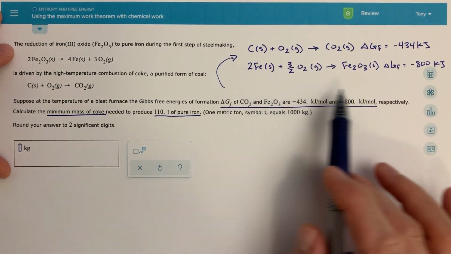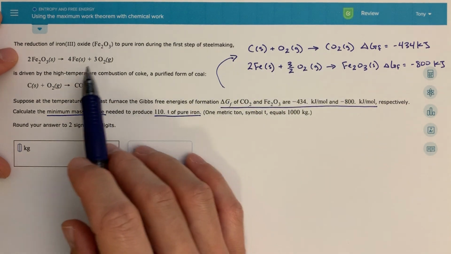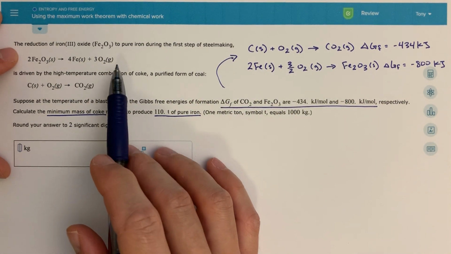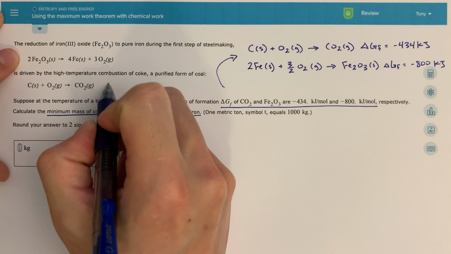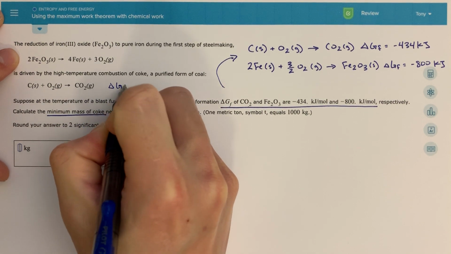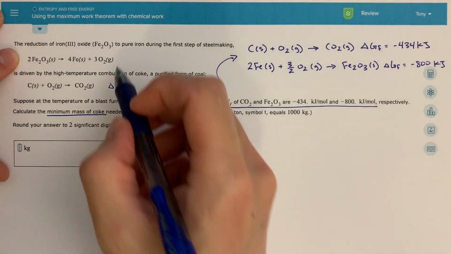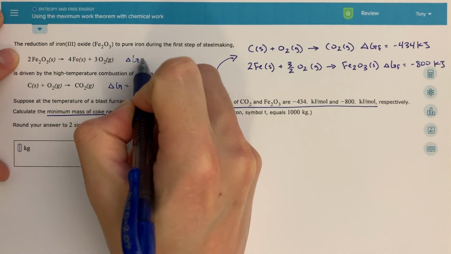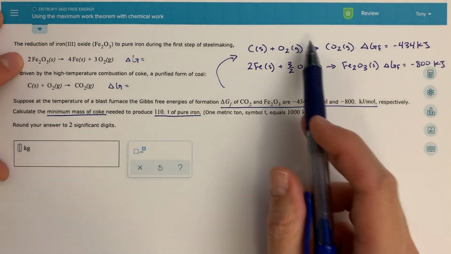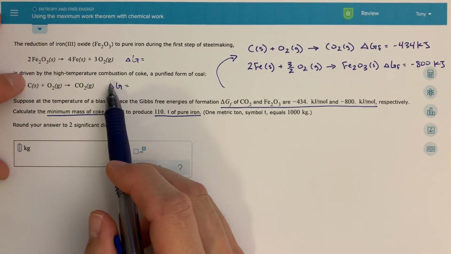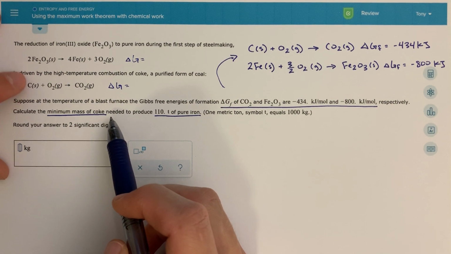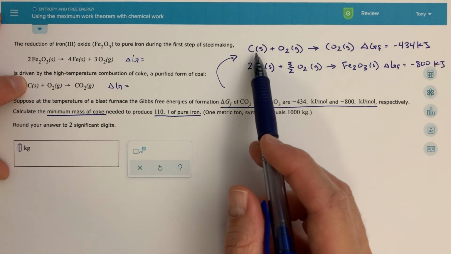Now we need to use this information to figure out what the information is for these given reactions, because this is really what we need to know to do this problem. I'm going to write delta G over here, and we need to use this information to figure out what the delta G's for both of these reactions are. Now, the bottom one, you'll notice, is the exact same as this, right?